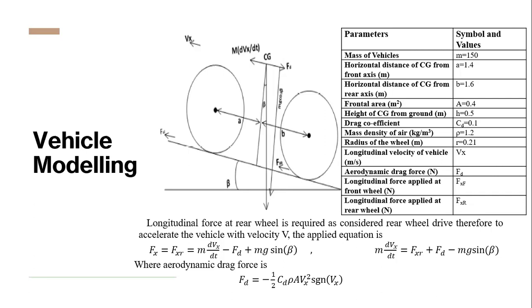Here, one is the horizontal distance between the front axle and the rear axle and the center of gravity point. We also have to consider the frontal area of this vehicle, which is also given. We also have to define the incline angle, the longitudinal velocity, and the radius of the wheel.